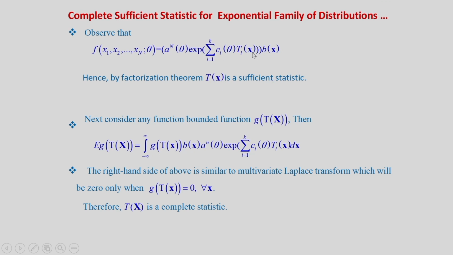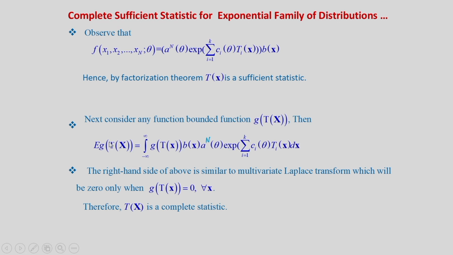We have to prove that it is a complete statistic. Next, consider any bounded function of the form g(T(x)). Then we have to find the expected value of g(T(x)) to establish completeness. Therefore, E of g(T(x)) is the integration from minus infinity to infinity of g(T(x)), that is the function, into the PDF. Now, the PDF is b(x) into a to the power n theta into exponential of summation ci(theta) T(x), into dx.